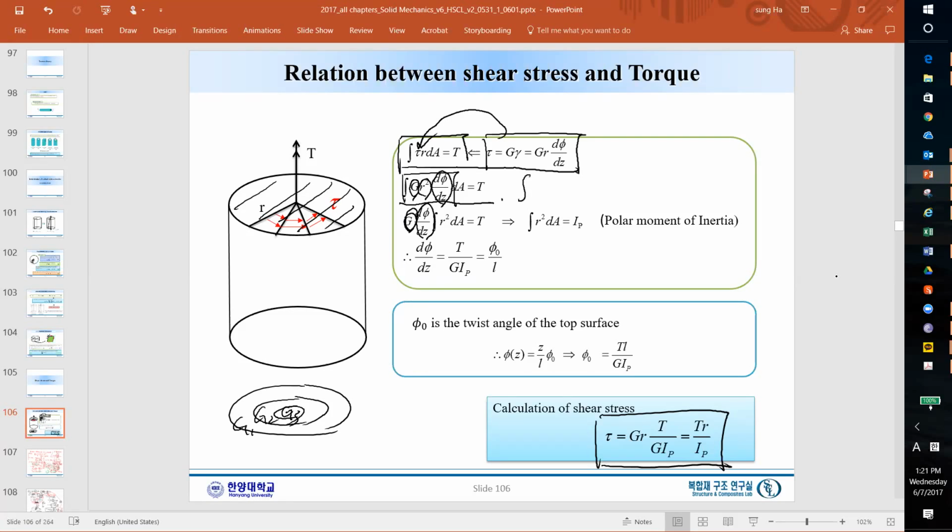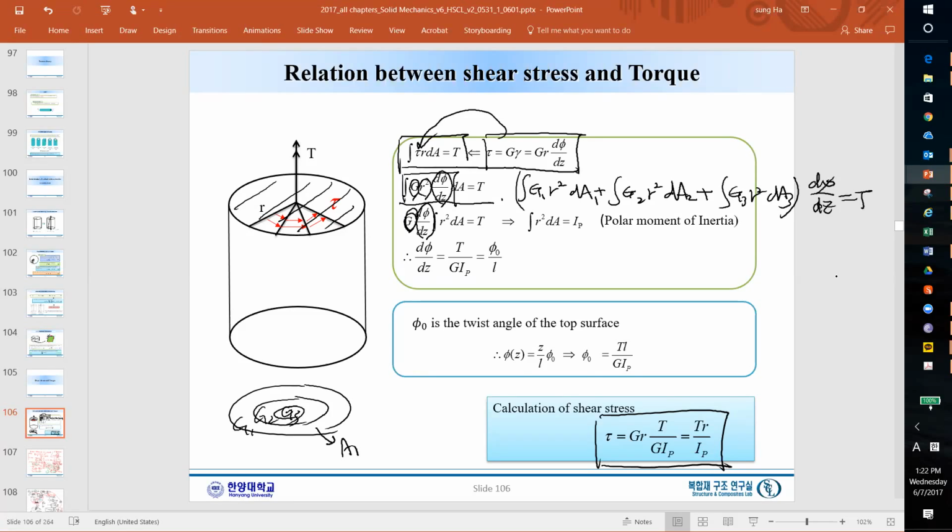Here we have G1 R square dA1, where dA1 is the area A1, plus G2 R square dA2, plus, for example, if we have three materials, G3 R square dA3, right? And then dphi dz.